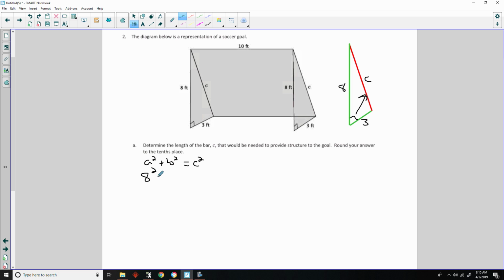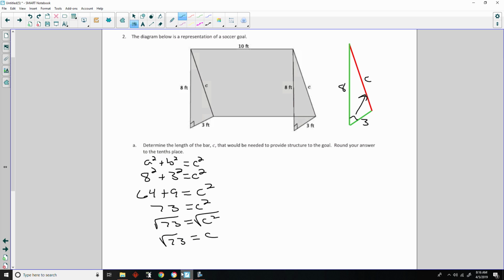So I'm going to put 8 squared plus 3 squared equals C squared. 64 plus 9 equals C squared. 73 equals C squared. The square root of 73 equals the square root of C squared. The square root of 73 equals C. Round to the nearest tenth.